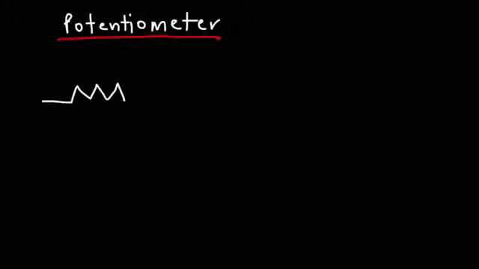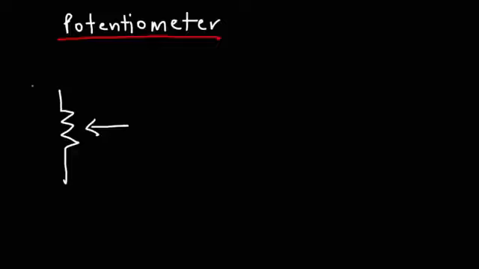So here is the electrical symbol of a potentiometer. You can draw it this way. You can draw it this way. It's a variable resistor. But let's use this version of it. I want you to understand how it works.